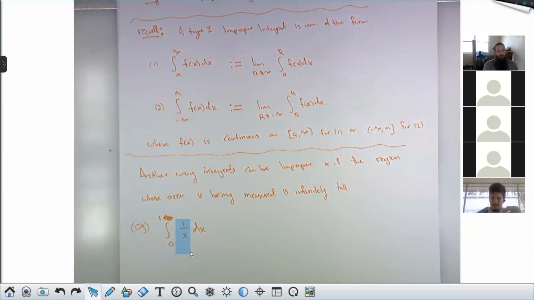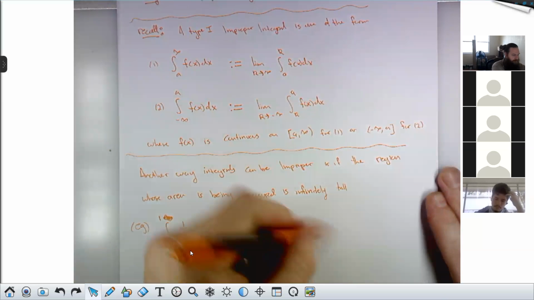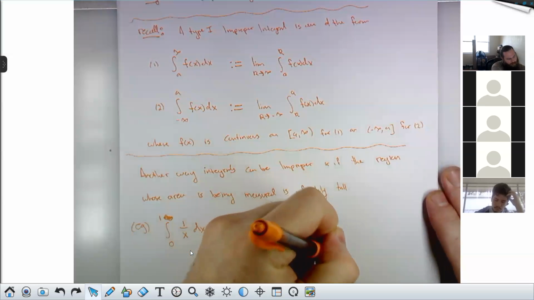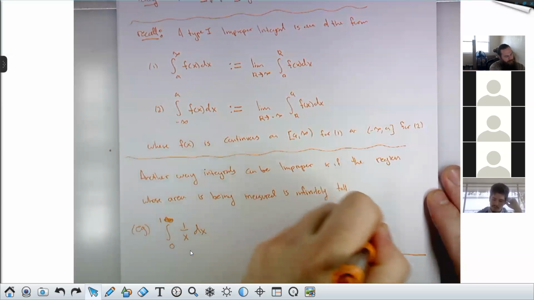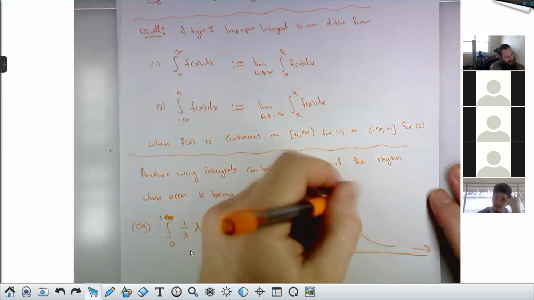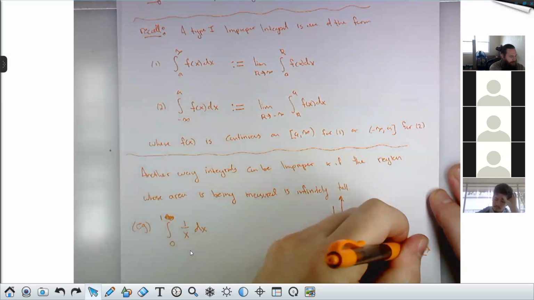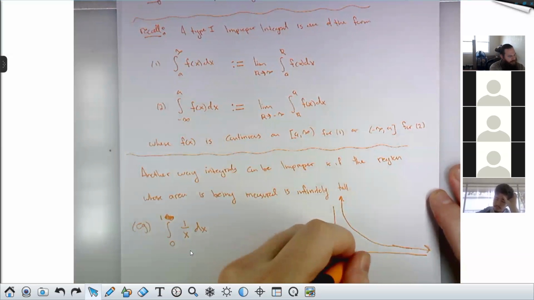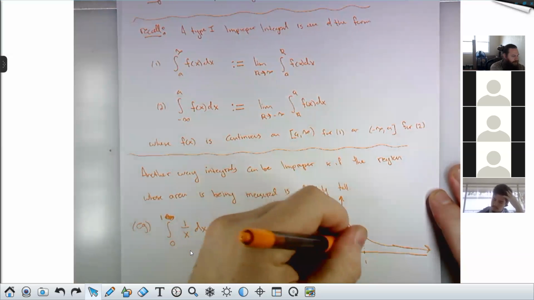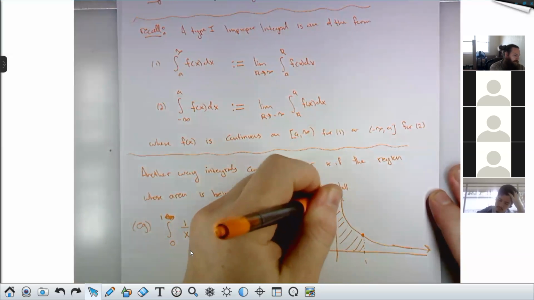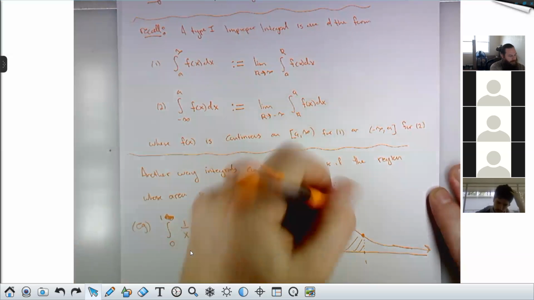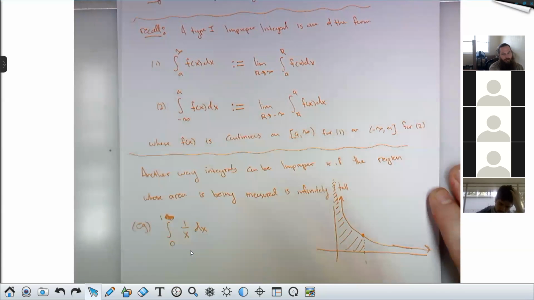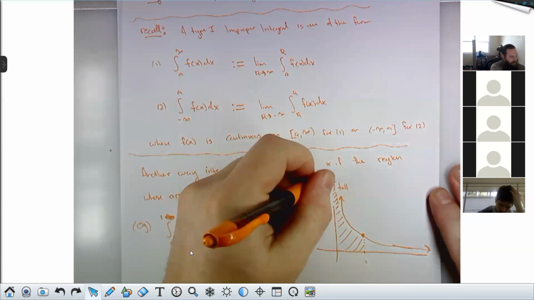You should know what the graph of 1 over x looks like. If this is 1, what we're asking for here is the area going all the way up here. And this certainly could be infinite, because this region is infinitely tall.